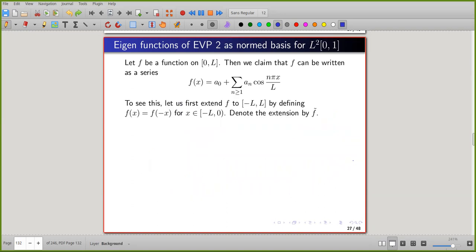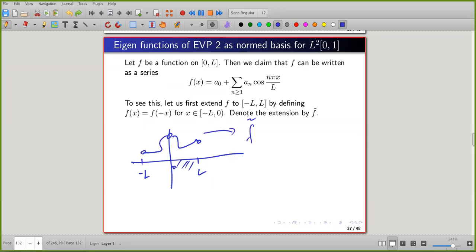This is very similar. This time, instead of extending it as an odd function, we will extend it as an even function. So let's say our function is defined in this region first. Let's take the same example. It's something like this, and we just reflect it. It will look something like this, and this is our f tilde.